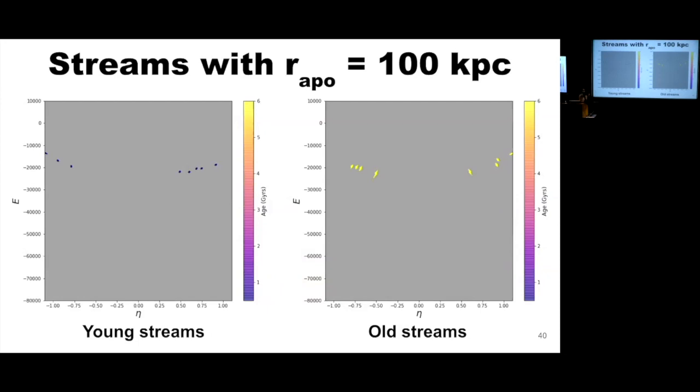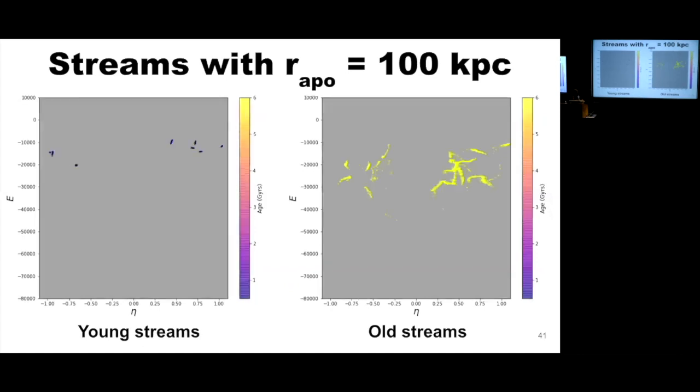One thing to remind ourselves about the youngest streams is that in physical space, they're very short. So the star particles in the streams are affected in a similar manner to all the particles. But the older streams are thin and long, so they're affected differently at different parts in physical space. So keeping that in mind, let's see what happens.